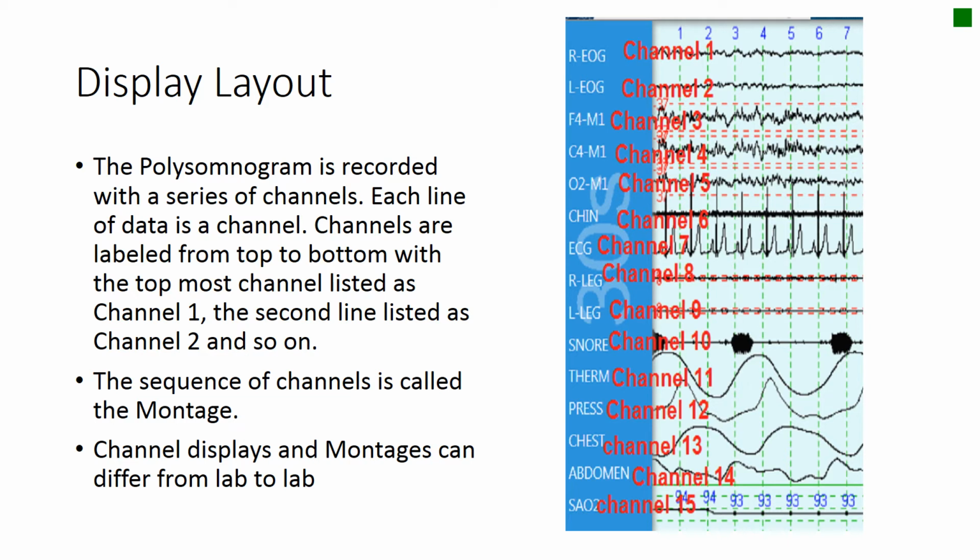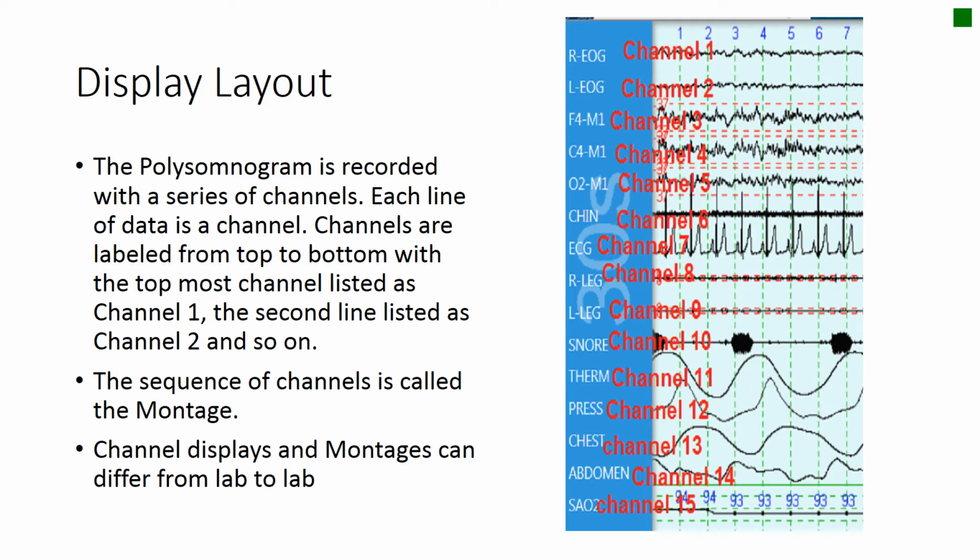Display layout. The polysomnogram is recorded with a series of channels. Each line of data is a channel. Channels are labeled from top to bottom, with the topmost channel listed as channel 1, the second line is channel 2, and so on. You can see it in the picture next to us. In this example, this sleep center has the eyes on top, so it goes right eye, channel 1, left eye, channel 2, frontal lobe, channel 3, central lobe, channel 4, occipital lobe, channel 5, and so on.